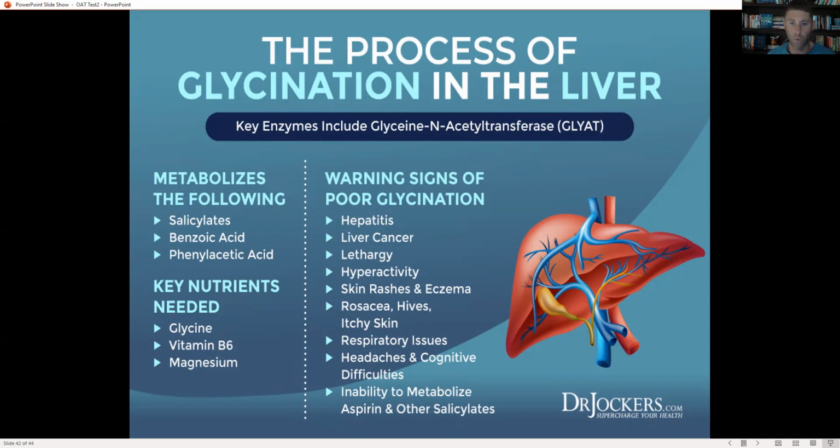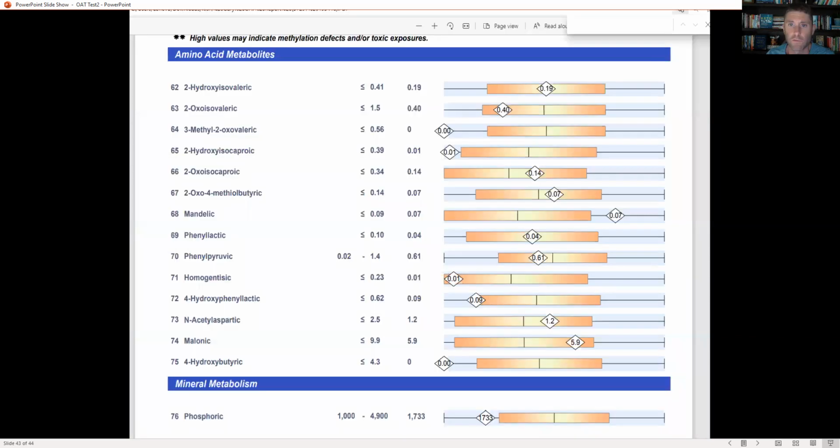So all these things are important. And you can see, look at the list of warning signs of poor glycination, right? Lethargy, hyperactivity, skin rashes, and eczema. It doesn't mean all of these are related to that, but commonly these issues can be related to poor glycination or amino acid conjugation with glycine. So important that we're looking at that.